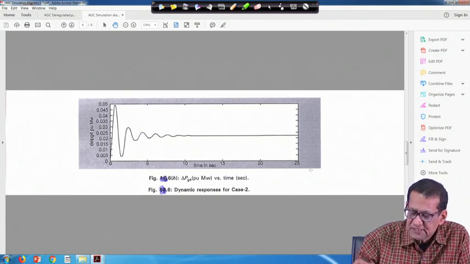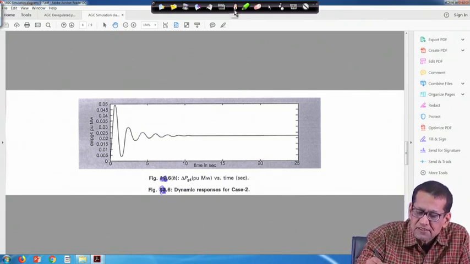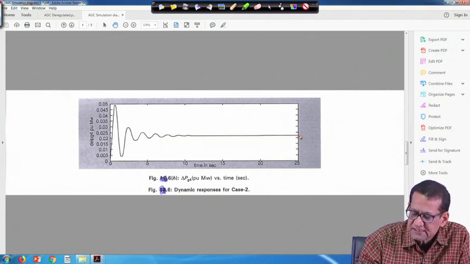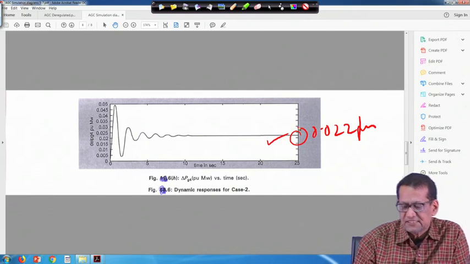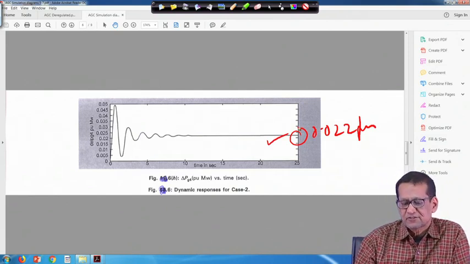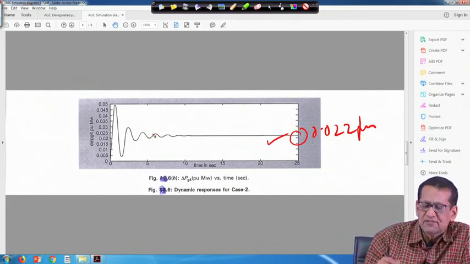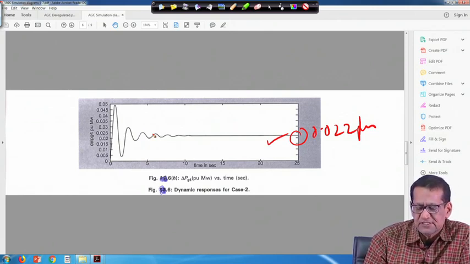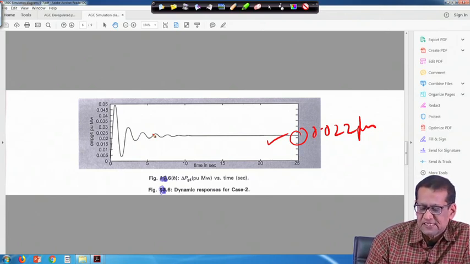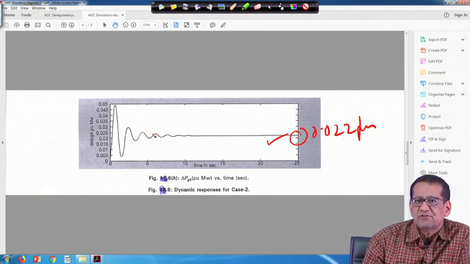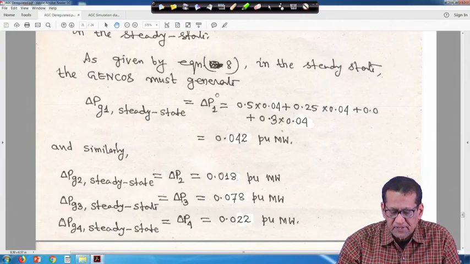This also at steady state is 0.022 per unit megawatt, so this is also matching. When the transient disappears it finally reaches the steady state. But for this simulation, no GRC was considered, which we will see later.